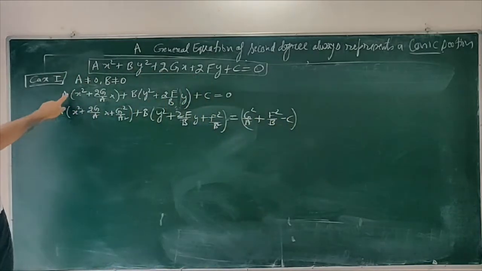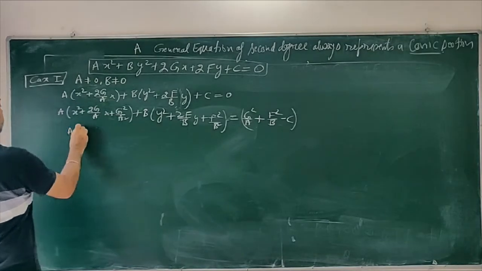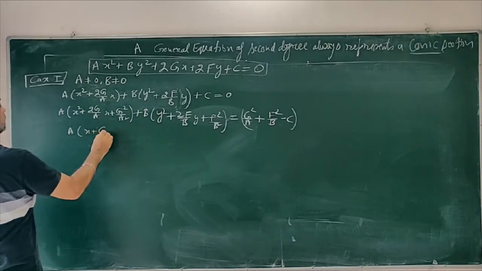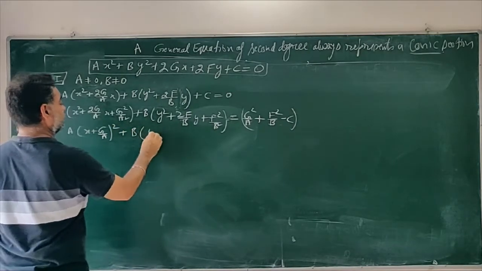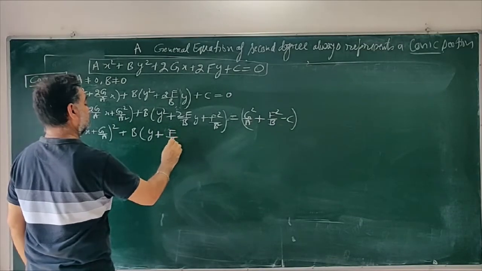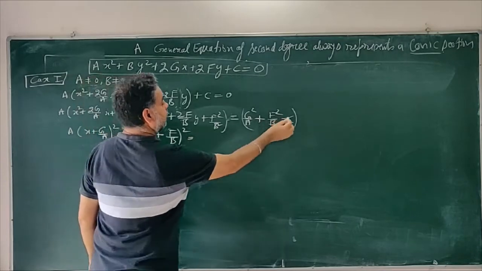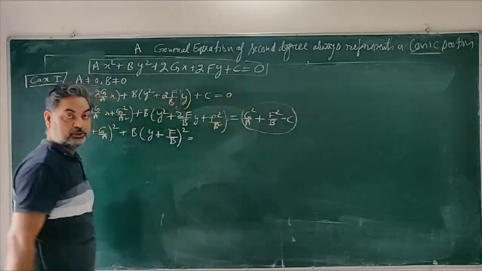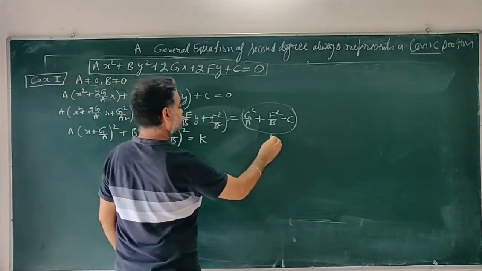So this equation can be written like this, and this is a complete square. So this is a into x plus g over a whole square plus b into y plus f over b whole square is equal to this expression. This expression we can write as a constant.